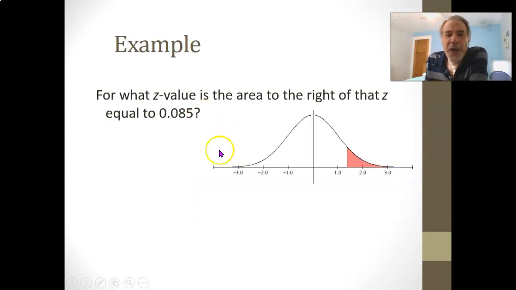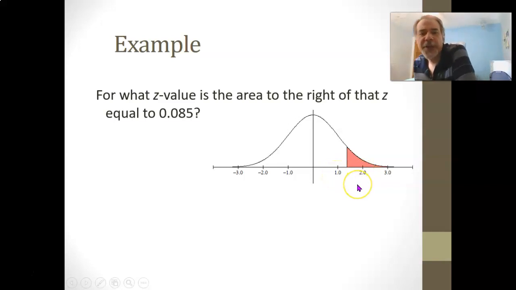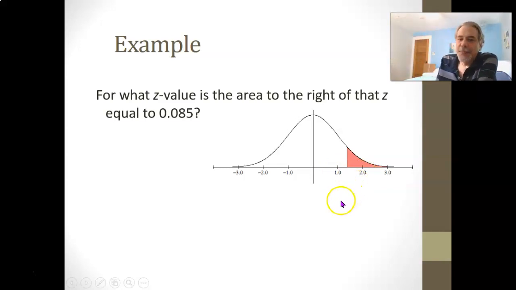For example, for what z value is the area to the right of that z, over here on the right of the cutoff point, equal to 0.085? So if this red region here is 0.085 in area, where is the z? The way I've drawn it, it sure looks like it's somewhere between 1 and 2. It'd make it 1 point something, but what exactly?